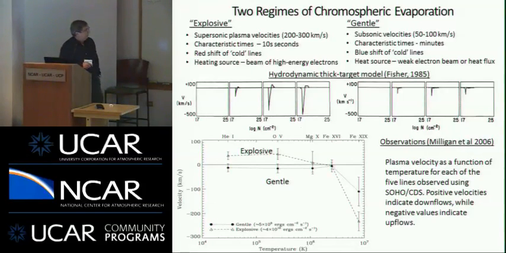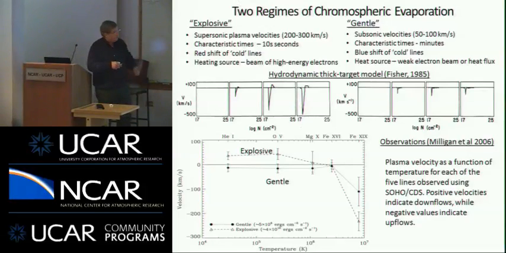Later, people separated two regimes of chromospheric evaporation: explosive evaporation, that I showed in the previous plot, when plasma expands with supersonic velocities. And there is also gentle evaporation, first suggested by Antiochos and Sturrock, that if you heat plasma slowly with a weak electron beam, then evaporation is with subsonic velocities.